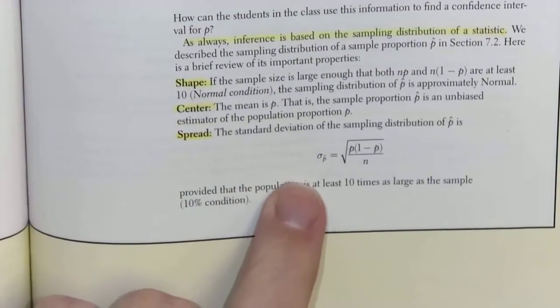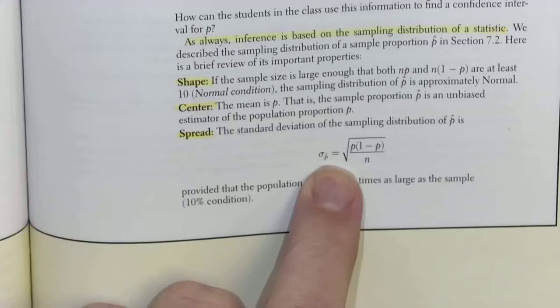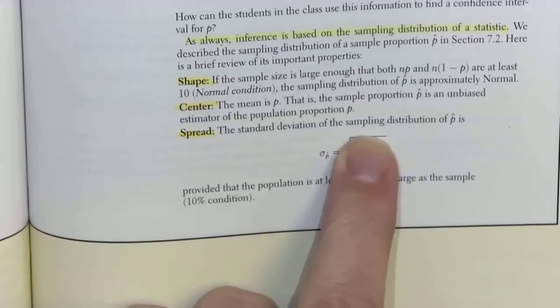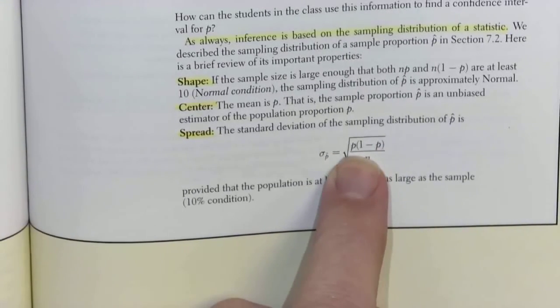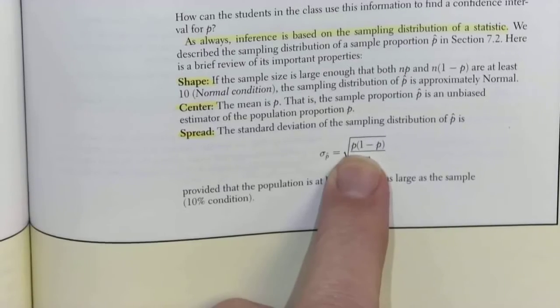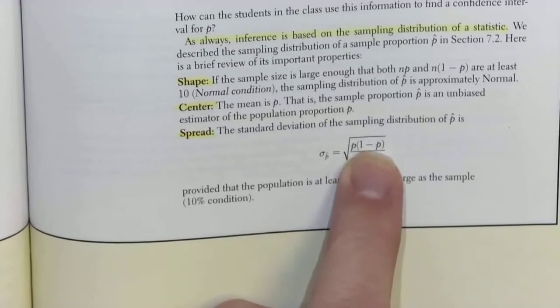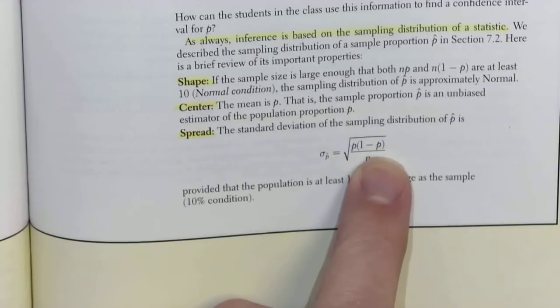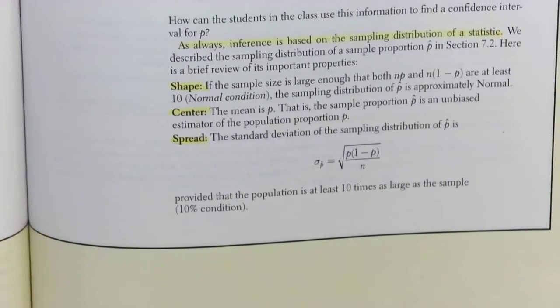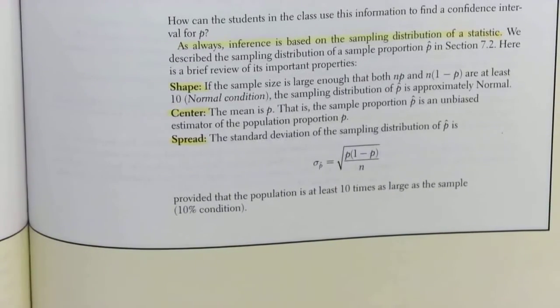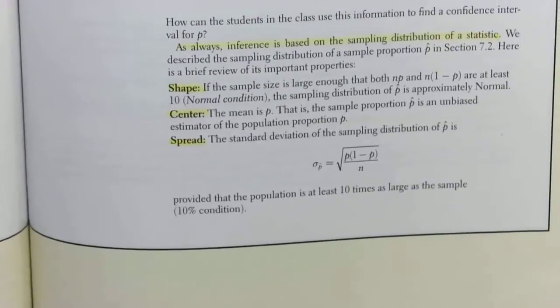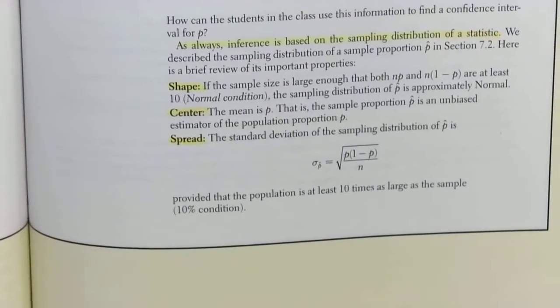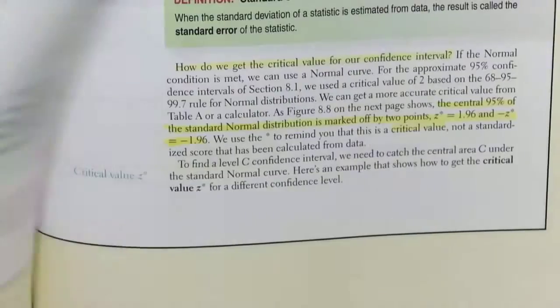So the standard deviation of p hat will be the square root of p times 1 minus p over n, provided the population is at least 10 times as large as the sample, so the 10% condition.